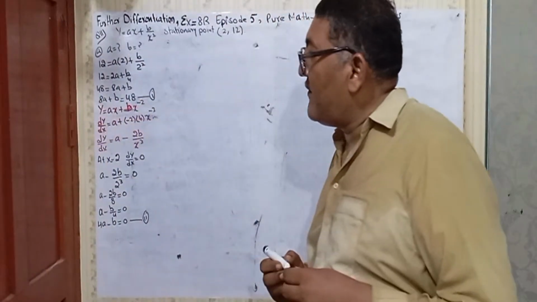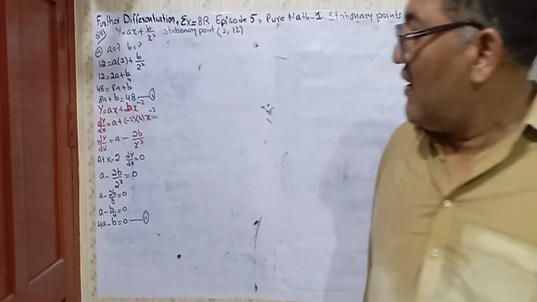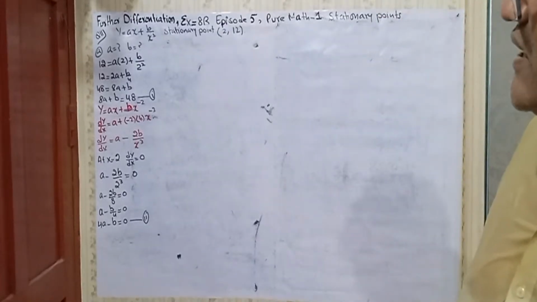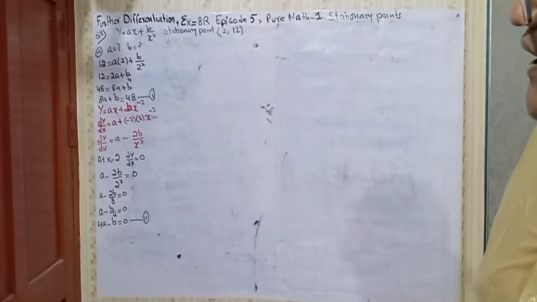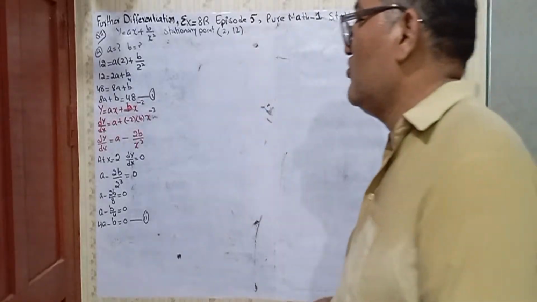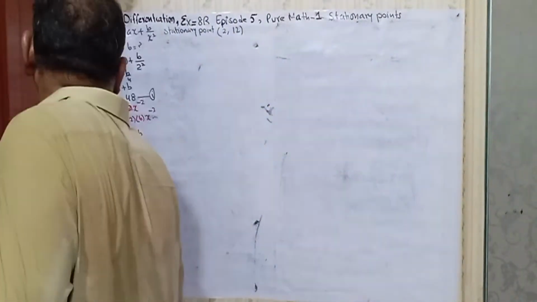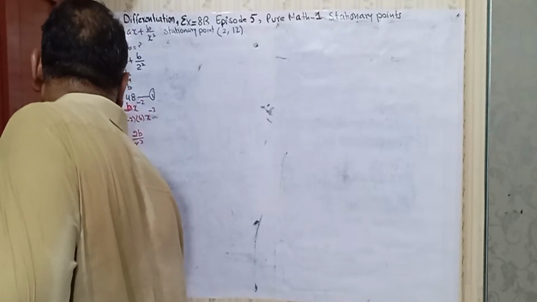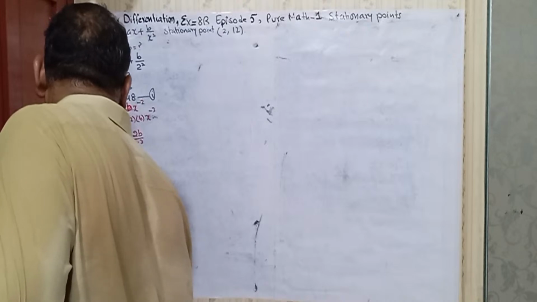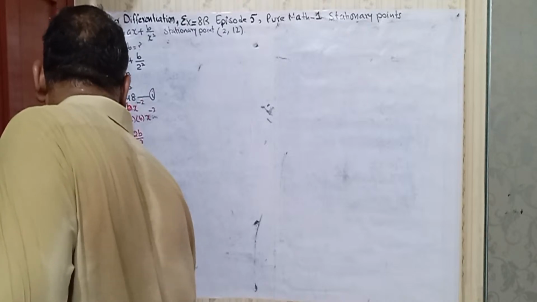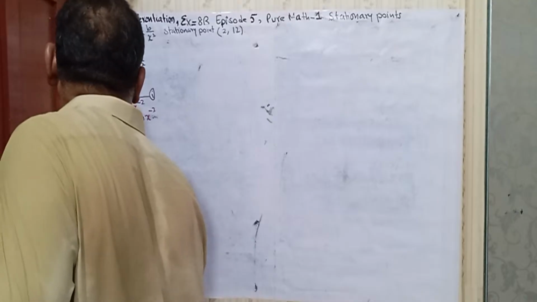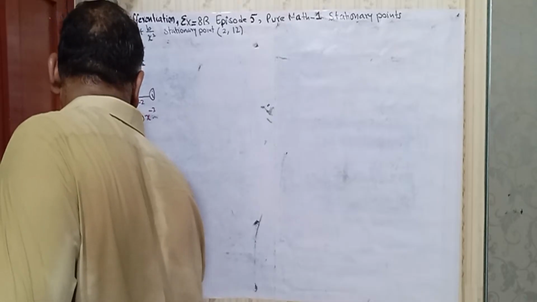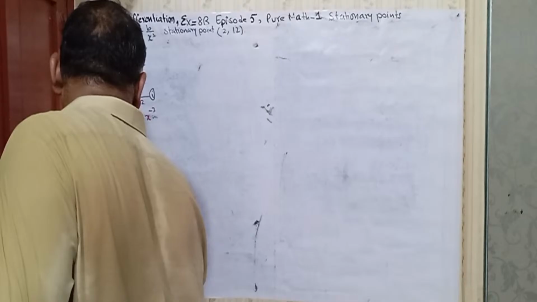Now we have two equations in a and b. One is 8a plus b equals 48. The other is 4a minus b equals 0. We will simply add them. So 8a plus b plus 4a minus b equals 48 plus 0.